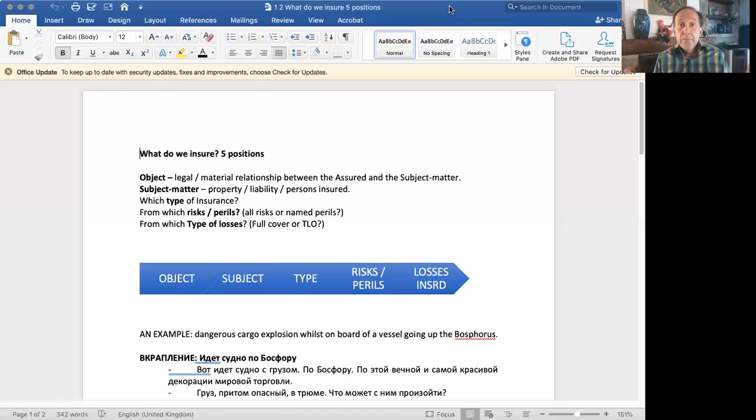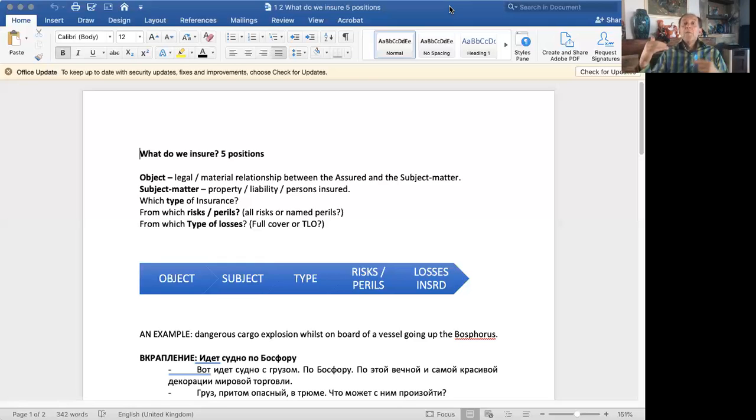But then, yes, we probably have done the insurance contract on the basis of all risks, but the insurance contract itself, the policy itself, may be slightly more narrow. For instance, it may exclude some particular risks. Yes, there are lists of exclusions.